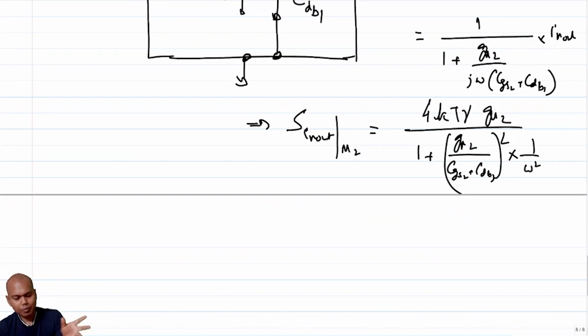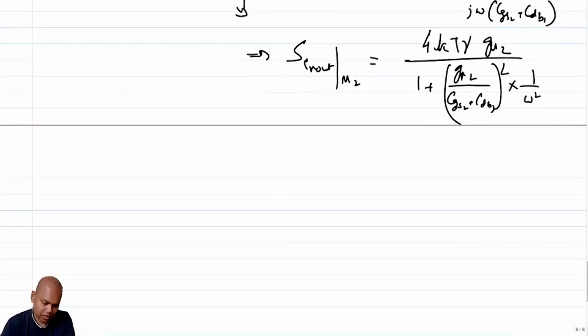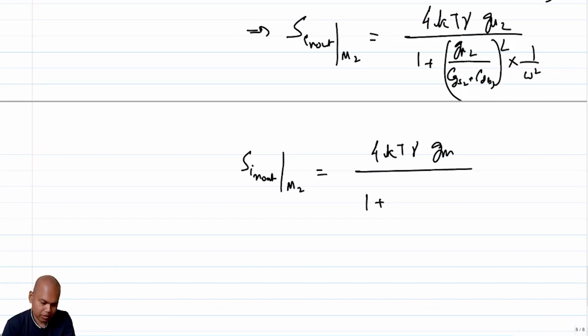GM2 by CGS2 is approximately the omega T of the cascode transistor. So this is approximately omega T, but need not necessarily be. It will be smaller than the omega T because the denominator is larger. So essentially I can say that SIN out due to M2 is 4kT gamma GM by 1 plus (omega T for the second transistor by omega) whole square.